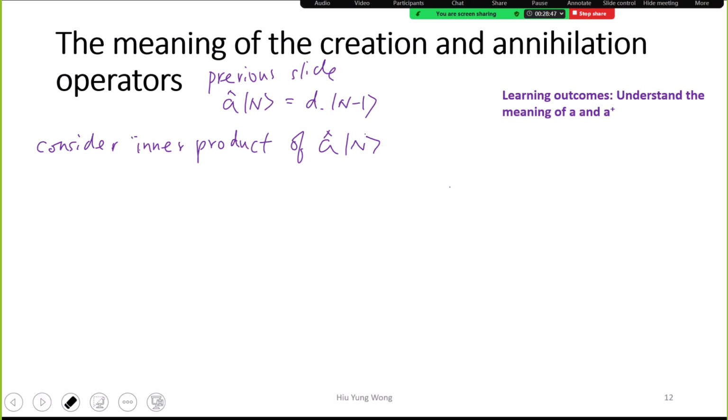By the way, maybe you can tell me, how do I find the inner product, the length of A hat n? How do you find the length or the length square of this state A hat n? Or how do you find the length of a vector? Inner product, yeah.